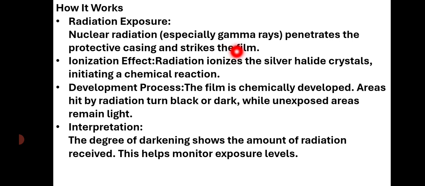So this works best with the detection of gamma. The gamma rays are going to strike the film. Once they strike the film, the next stage is ionization effect. So the radiation is going to ionize the silver halide crystals.